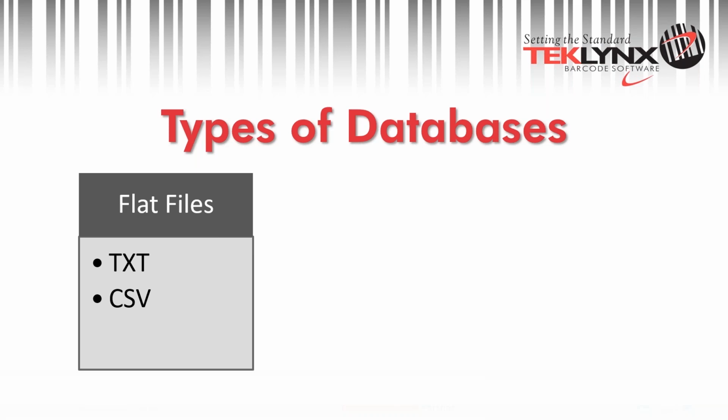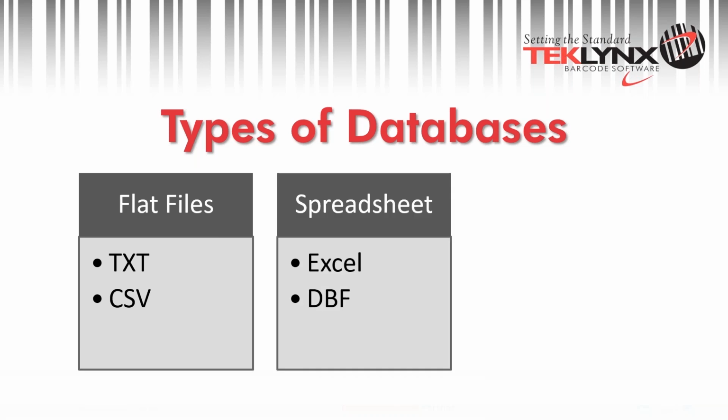They are pretty much comma delimited files, very one-dimensional. Then we have spreadsheets, which are Excel and DBF, which do have some formatting to them, but essentially they're two-dimensional spreadsheets. That's all they really are.